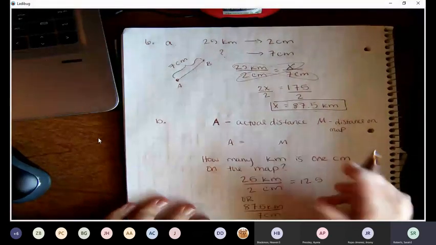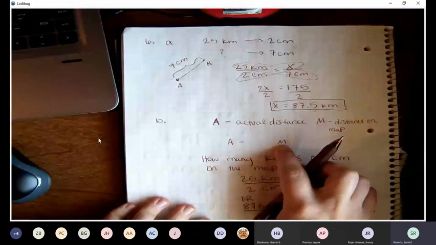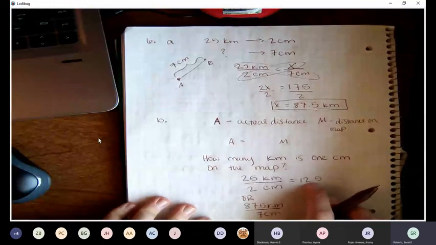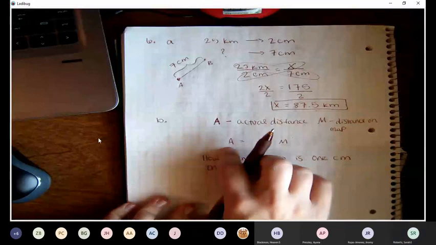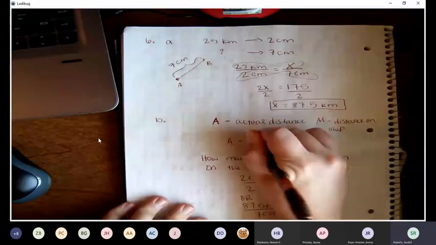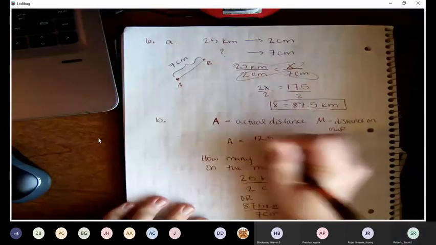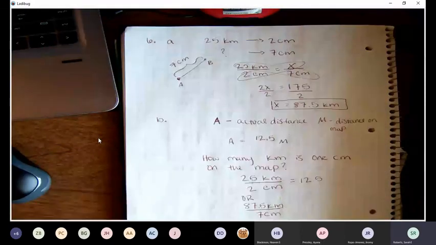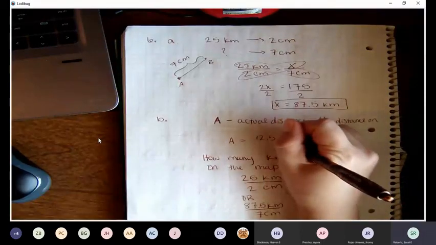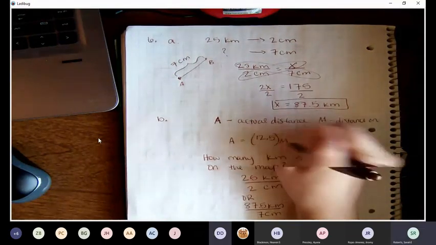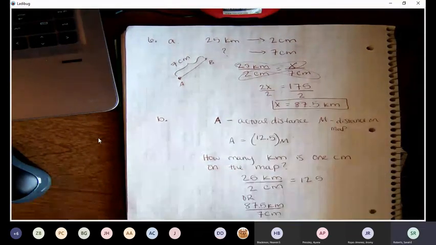So for every 1 centimeter we put in here, we multiply it by 12.5 to get the actual distance. So 12.5 times M should be the equation that we come up with.